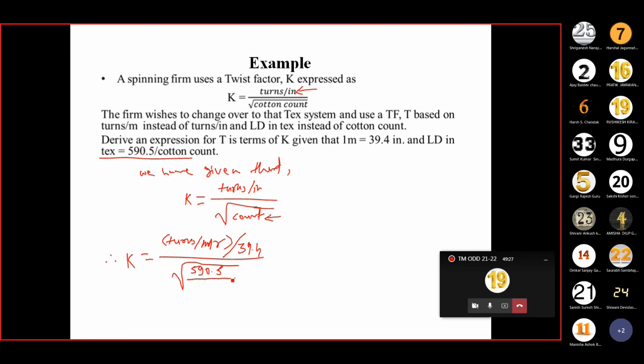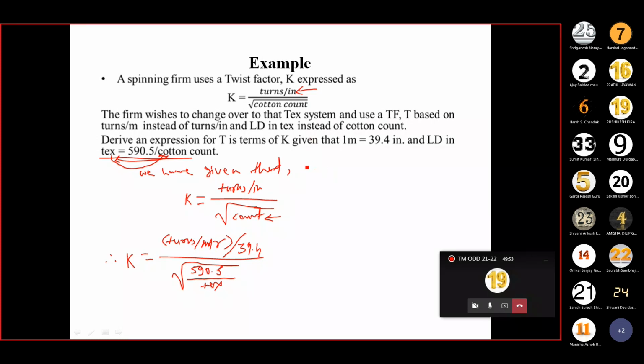Because this is the cotton count here, it will go there and tex will come here. So 590.5 divided by X. Now I will solve this, and I will get the relation.